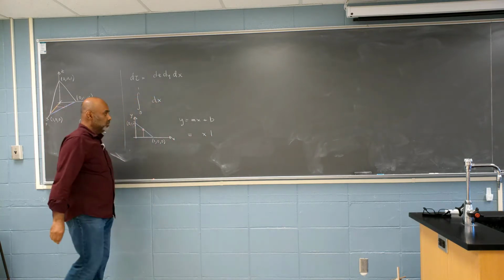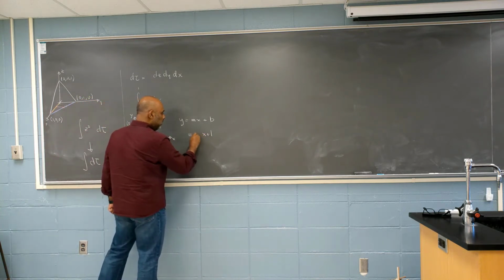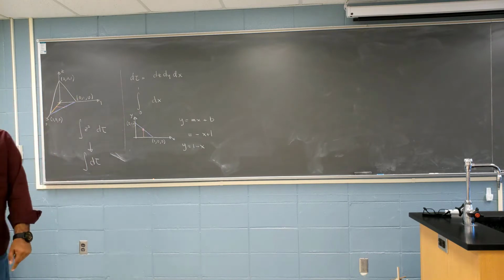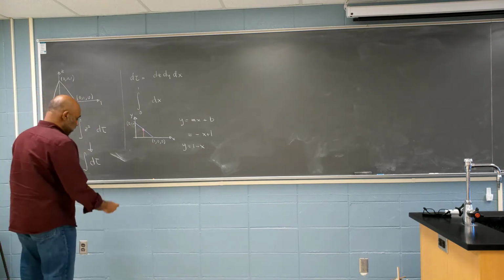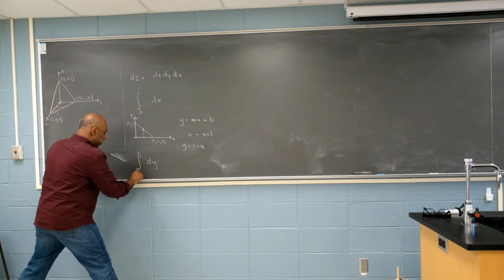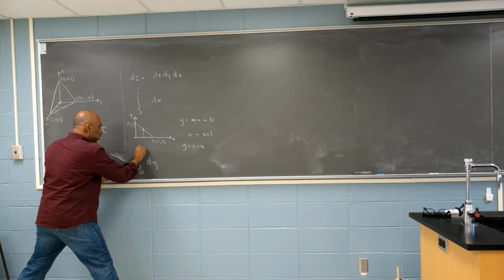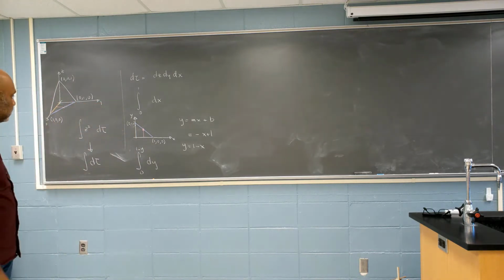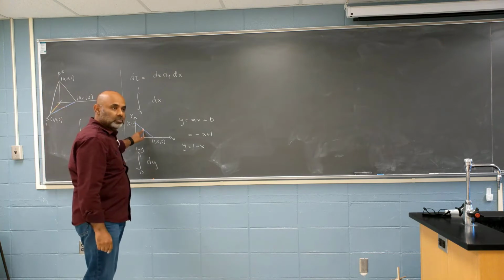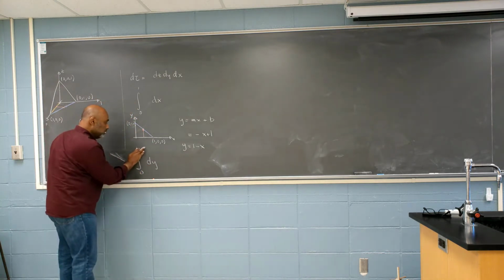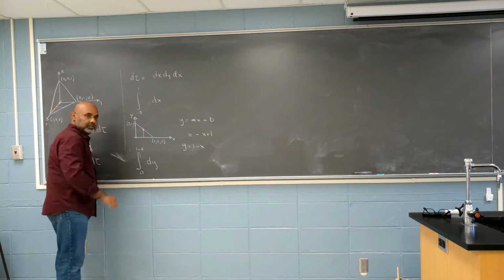What's the slope? Very good. So then my y-integral will have 0 to 1 minus y. That's as far as I go. Sorry, 1 minus x.